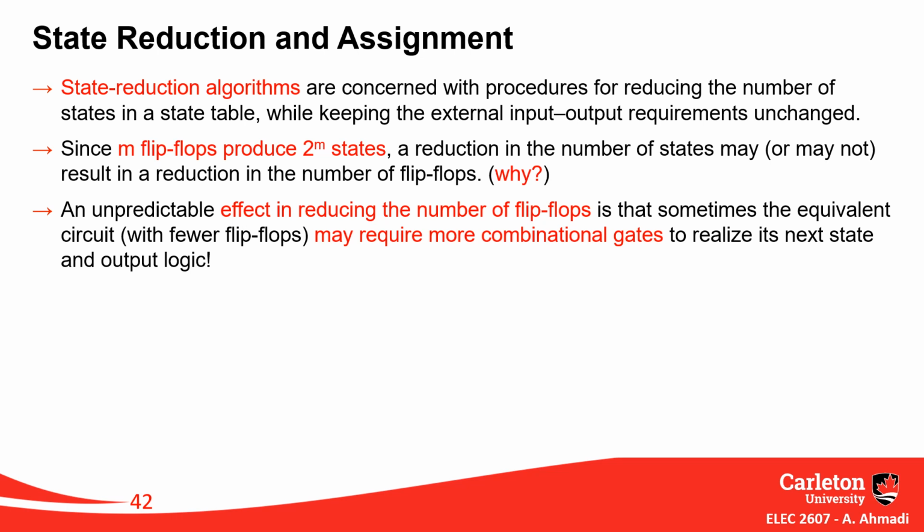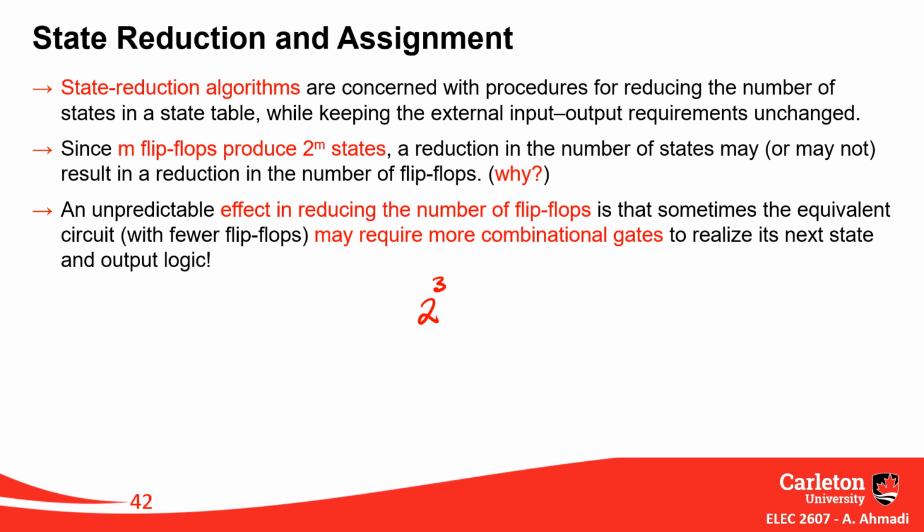State reduction algorithms are concerned with the procedure of reducing the number of states in a state table or in a state diagram. Remember, since m flip-flops produce 2 to the power of m states, a reduction in the number of states may or may not result in a reduction in the number of flip-flops because there is a gap. If you have 2 to the power of 3, that gives you up to 8 different states.